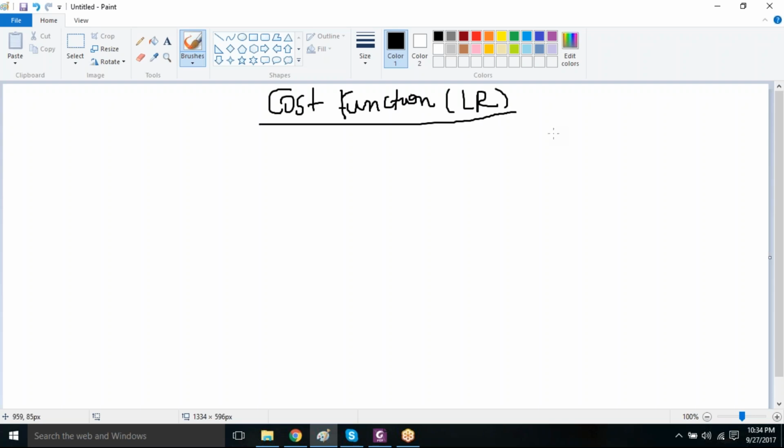Actually, these regression sections, linear regression and logistic regression, are a little bit more mathematical. Machine learning started with mathematics only. The initial models they came up with, linear regression, logistic regression, whatever they proposed, were highly mathematical.